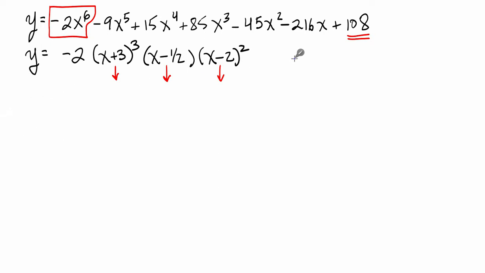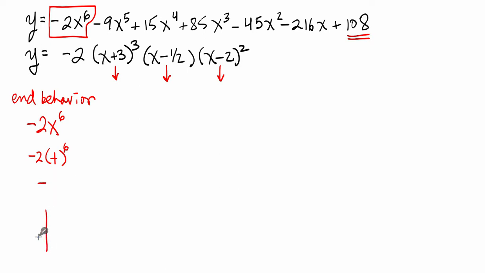So let's begin with the end behavior. And the end behavior involves negative 2x to the 6th, the highest order term. And on the right hand end, if we made x a large but positive number, we'd see that we'd get overall as a result a negative.